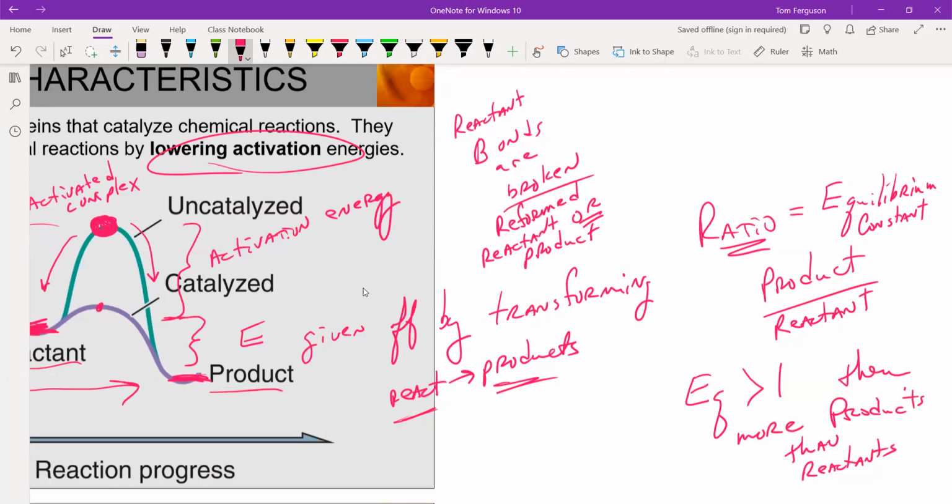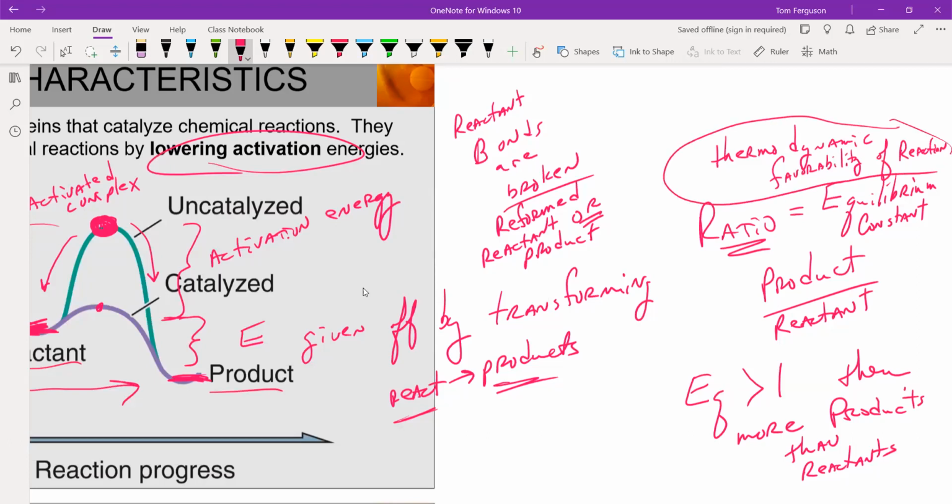So this is the thermodynamic favorability of a reaction. If the equilibrium constant is greater than 1, in other words, the products are favored.